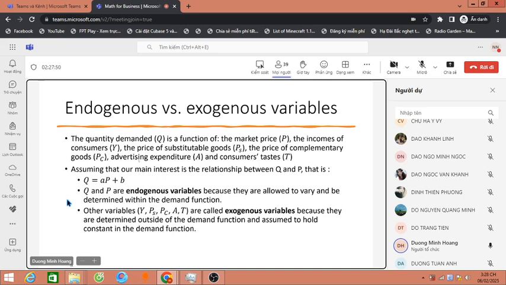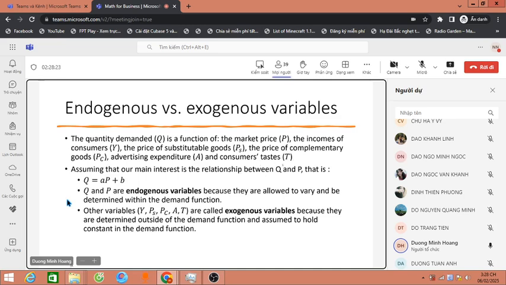Other things could be advertising expenditures. For example, if sellers pay a lot for advertising, chances are consumers will buy more of those products, and vice versa. If they spend less on advertising, chances are the quantity that consumers want to buy will be less.